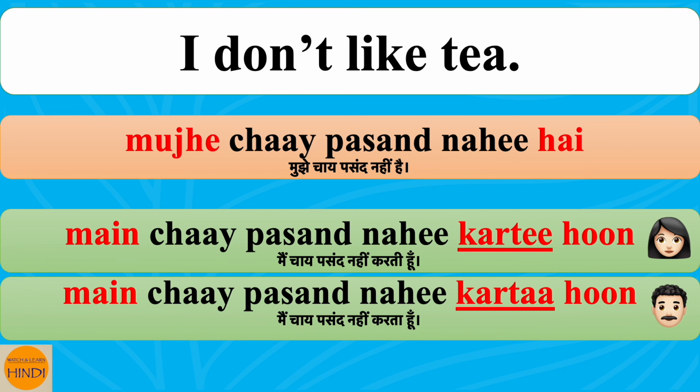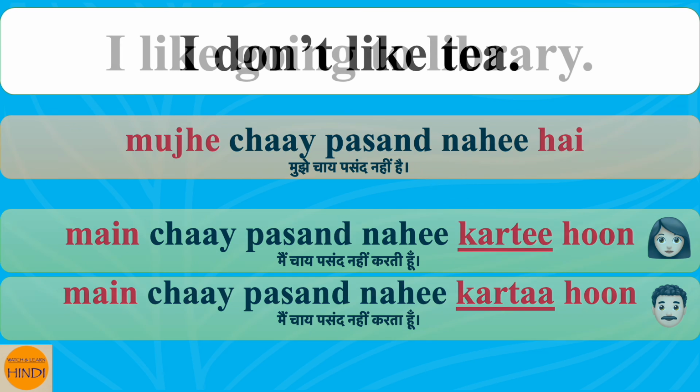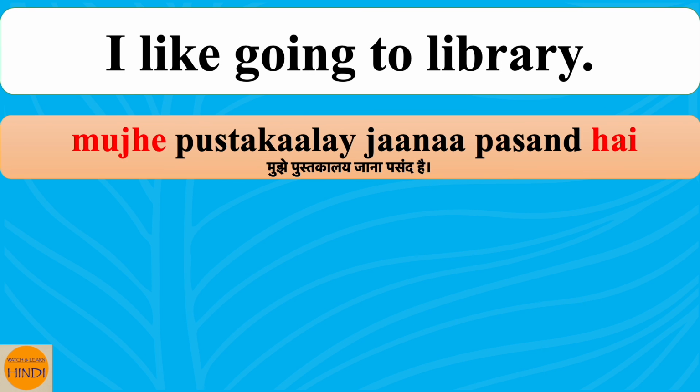And the last example is, if you want to say I like going to library, with mujhe you will say मुझे पुस्तकालय जाना पसंद है, where पुस्तकालय is library and going is jana.